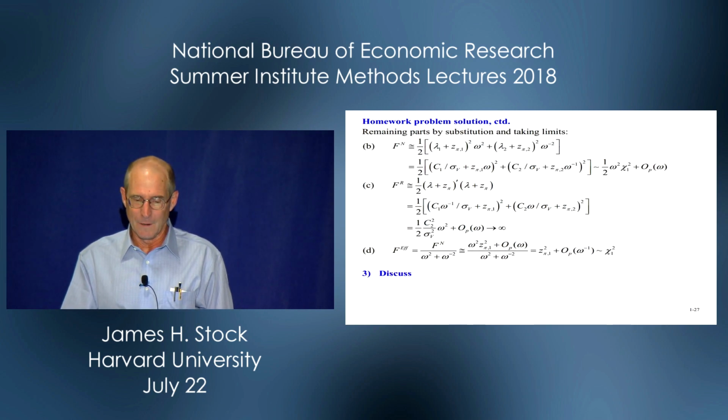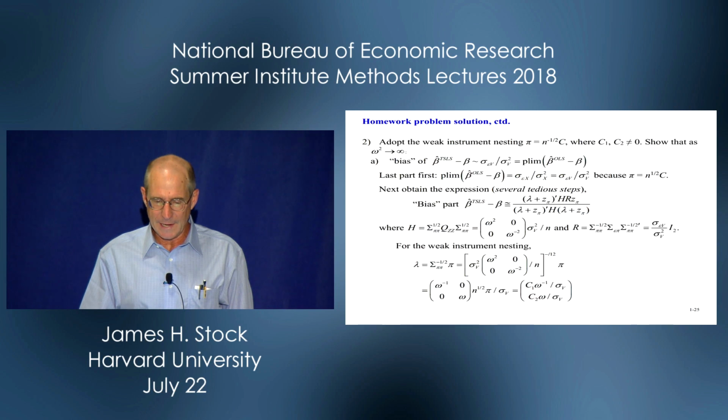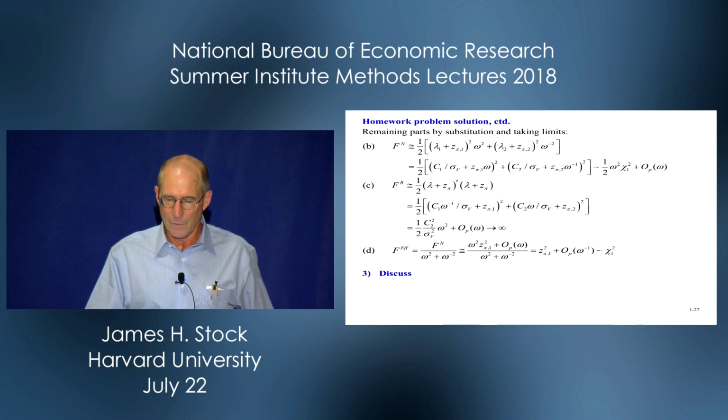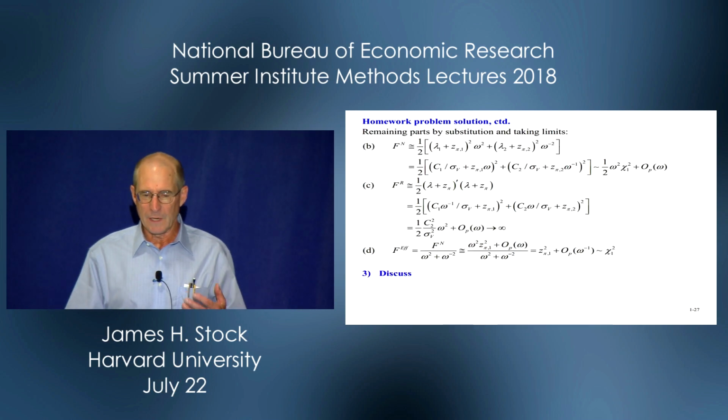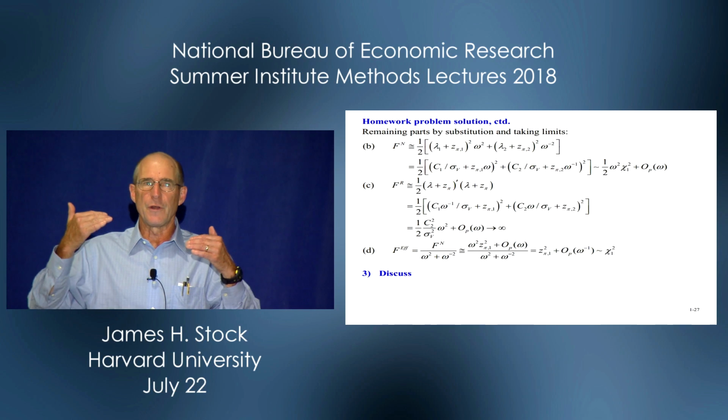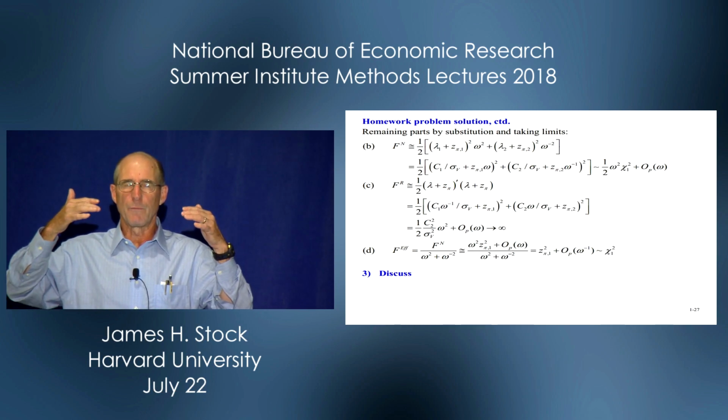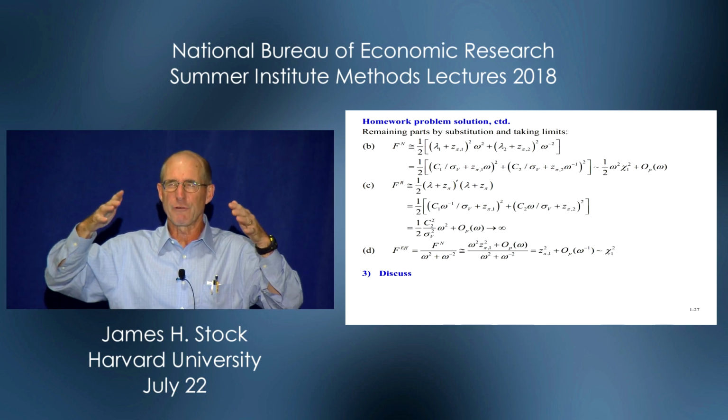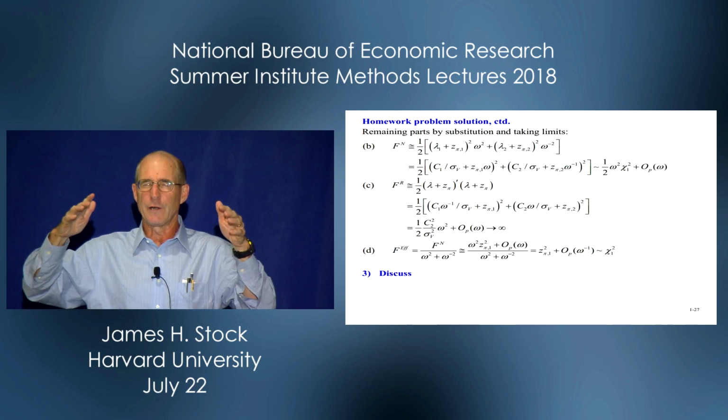Okay. First stage F, so maybe that's the one piece of mystery here that is worth looking at. Why does this effective F work? Well, the effective F works because the non-robust F statistic is measuring the right thing, but getting the standard errors wrong.